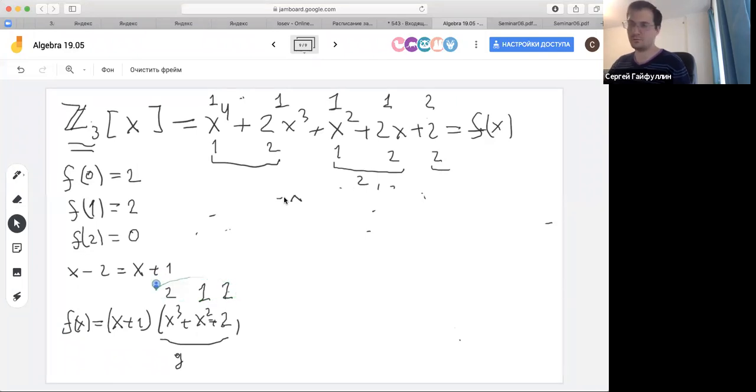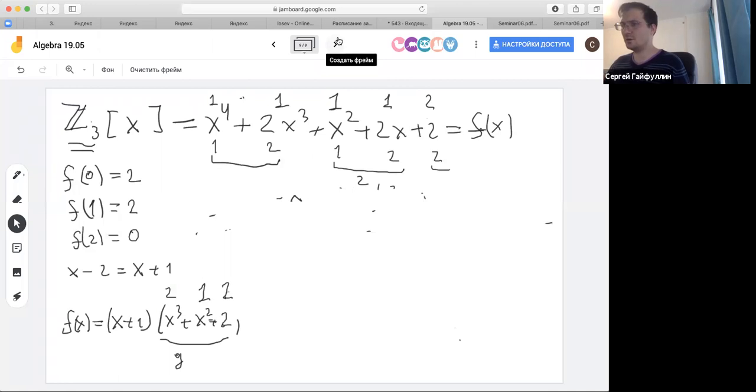I'm sorry. Yes, it seems that here is x squared. I have erased my computations, so I cannot check that this is x squared, but it seems to me that it was x squared.